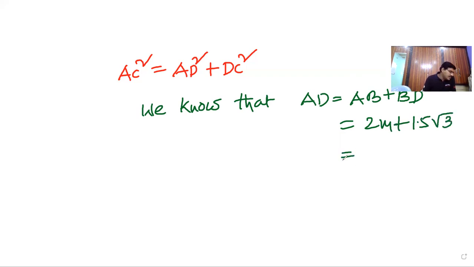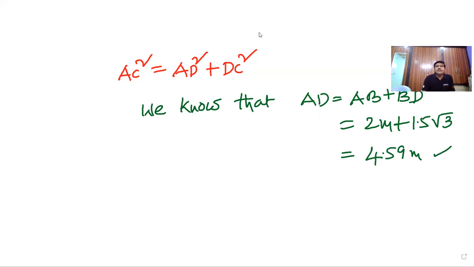That becomes 4.59 meters. If you calculate using a calculator, root 3 is 1.73, multiplied with 1.5, plus 2 meters, that is 4.59.